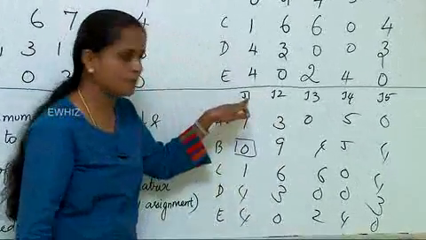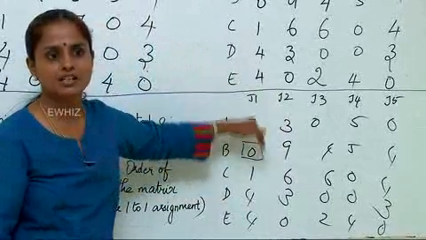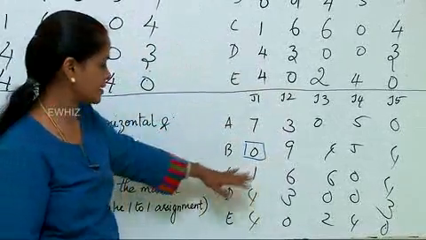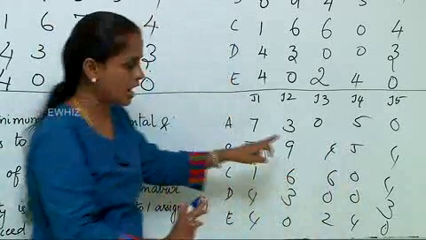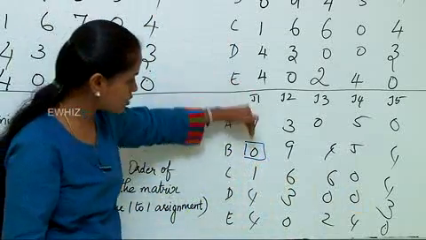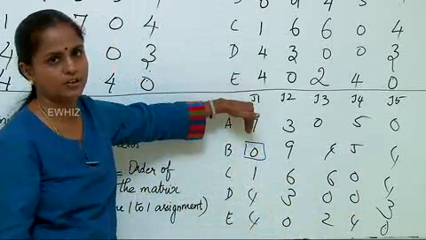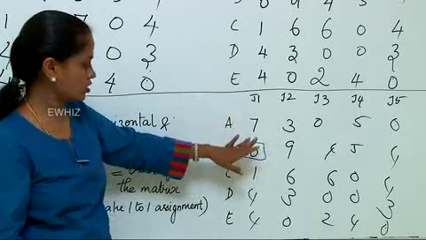Once this person is assigned, they cannot be considered for any further assignment. So if you scan the row and you have only one 0, just encircle that 0 and cross out the remaining zeros in the column if present. So check the column, no other 0 is there, so you need not cross.